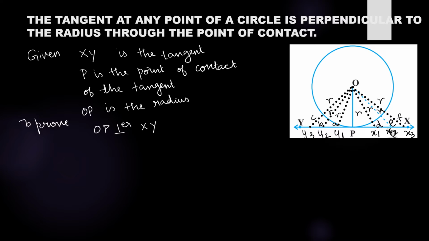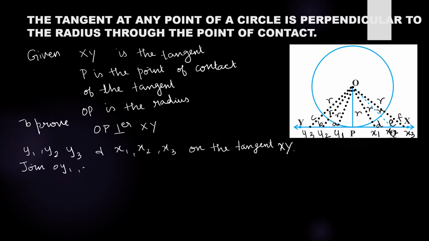Now for this, I am going to take Y1, Y2, Y3 and X1, X2, X3 on the tangent XY, and join OY1, OY2, OY3, OX1, OX2, and OX3.